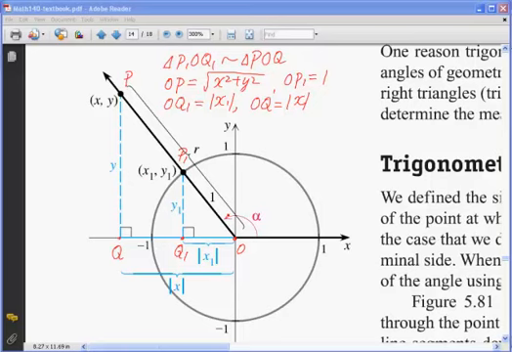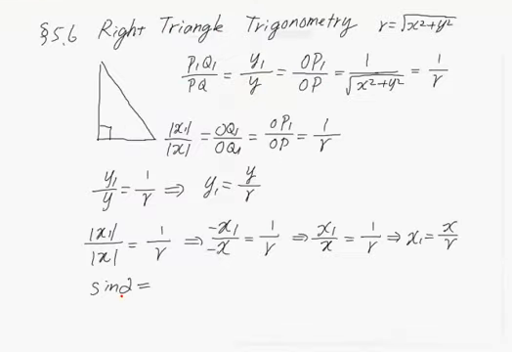So the cosine alpha is equal to this x1, and the sine alpha is equal to this y1, which is equal to y over r. And cosine alpha is equal to x1, the x-coordinate of the point of intersection, and this x1 is equal to x over r.